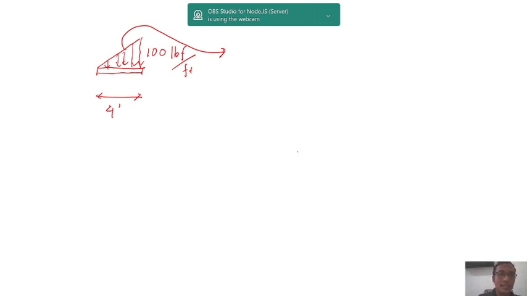This one is linear, right? If you have a linear equation, you can find it. The W is supposed to follow this equation because it's linear. And we know 2 points here at x equal to 0 and x equal to 4 feet.